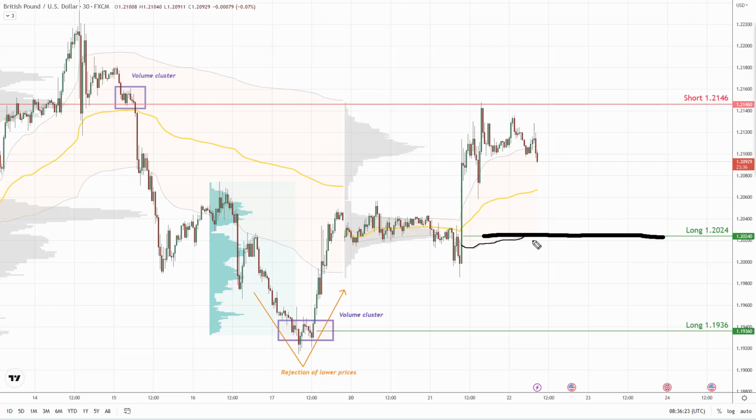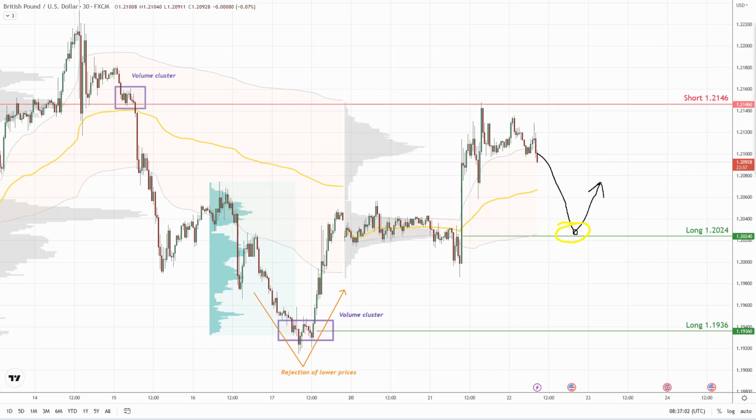Obviously it's moving, so it's not guaranteed that it will stay around the level at the time of the pullback. But if it does stay somewhere in the area around that level, if the first deviation stays somewhere close, then it will definitely add strength to the level. Alright, so that's my take on the British pound.